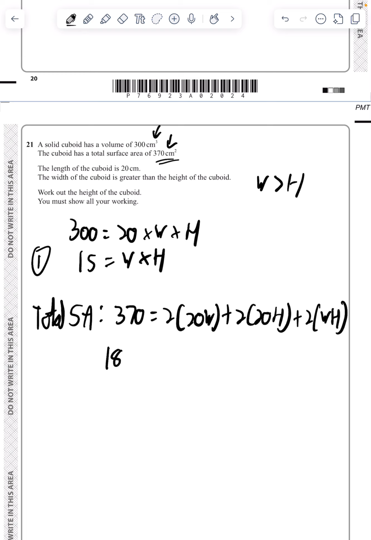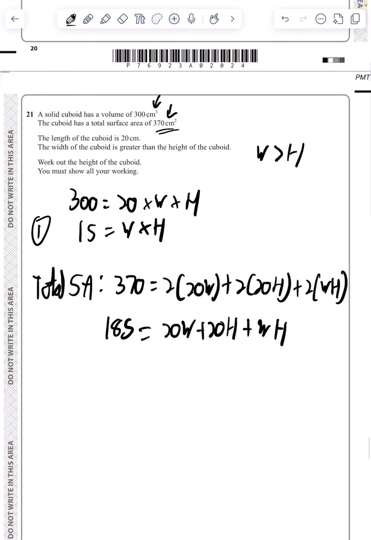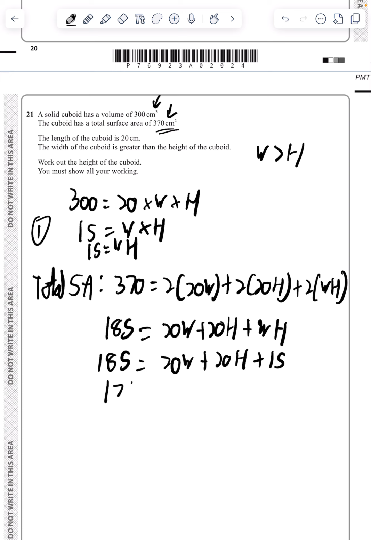So 185 equals 20w plus and we actually know from here width height is 15. So 20w plus 20 height plus 15 subtract.